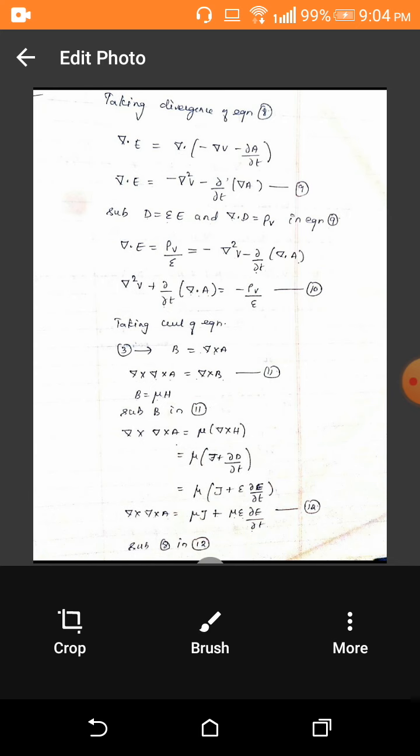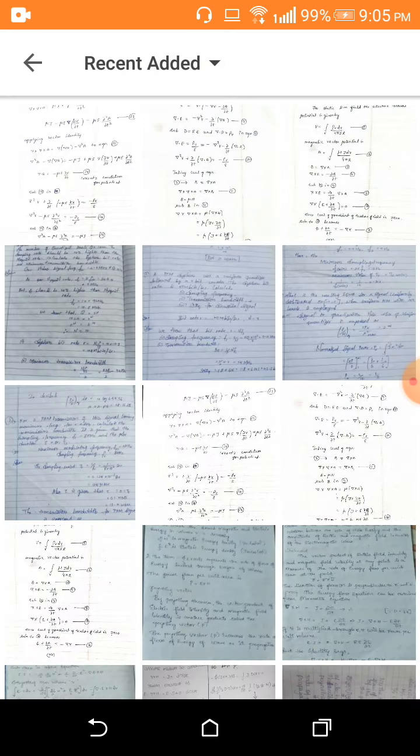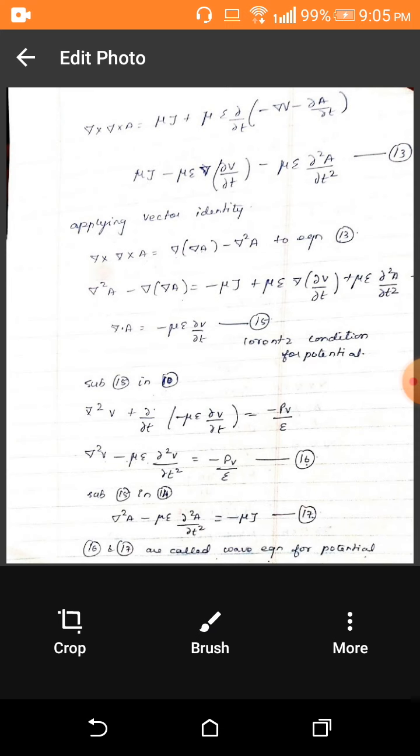Now we are going to substitute the 8th equation in the 12th equation. The 8th equation is E is equal to minus del V minus dou A by dou t. So we will get del cross del cross A is equal to mu J plus mu epsilon dou by dou t of minus del V minus dou A by dou t.